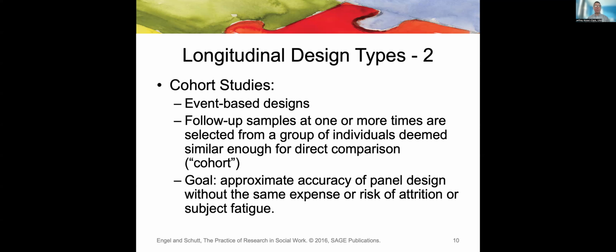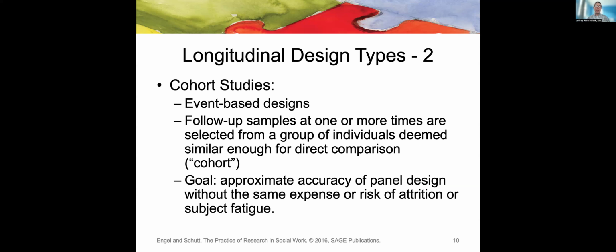So these are a bit more event-based, and they follow the sample at one or more times. They will have this group, and so then be able to look at comparisons between groups who all fit that criteria.